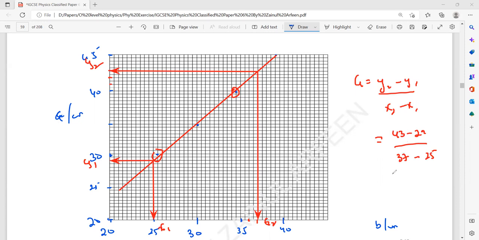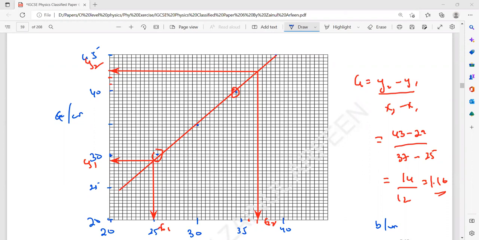So 43 minus 29 is 14, divided by 12. That's equal to 1.16. So the gradient is 1.16.